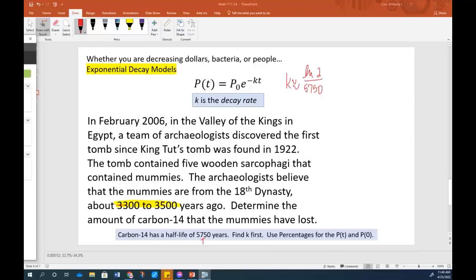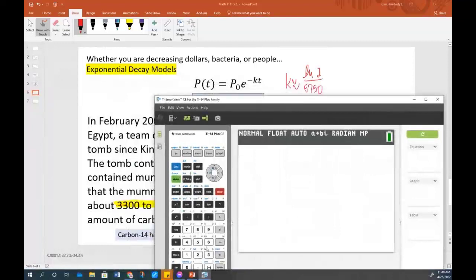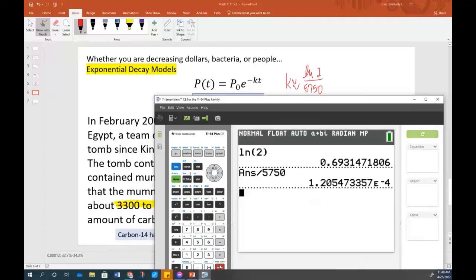So let me just bring the calculator back over. And we're going to say ln of 2. I could have put this like a fraction, but I'm just doing ln of 2 and then divided by 5750. Now this e to the negative 4 means you need to move that decimal 1, 2, 3, 4 spots around.